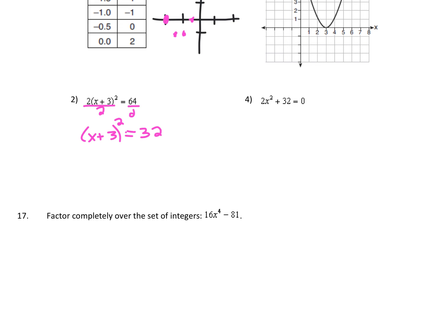To get rid of that, I would take the square root, leaving me with x plus 3 equals plus or minus radical 32, and that plus and minus tells us we have two answers, positive and negative. Radical 32 breaks down into radical 16 times radical 2, so it would be 4 radical 2.